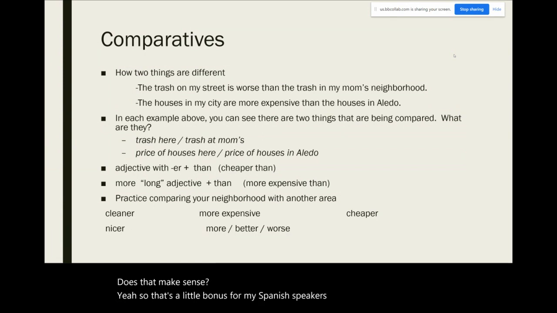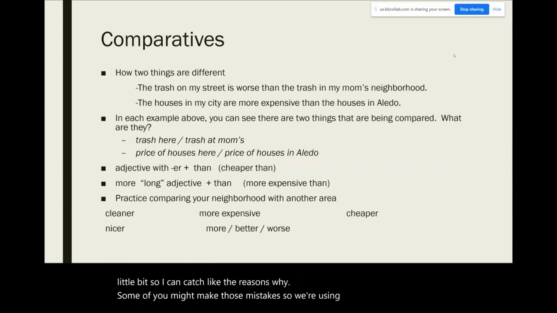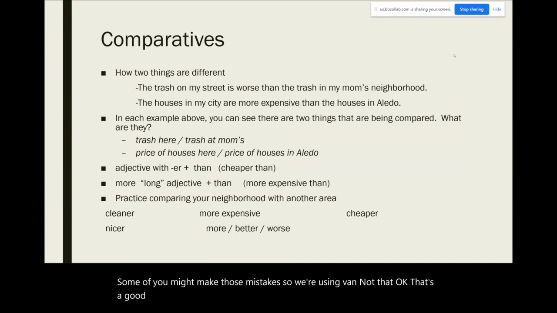Thankfully, I know Spanish a little bit, so I can catch the reasons why some of you might make those mistakes. So we're using than, not that. Okay, that's a good example. More expensive than. Okay, Carolina, do you have an example? Yes.